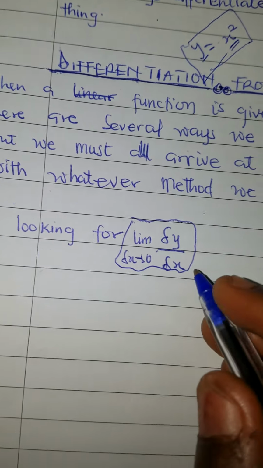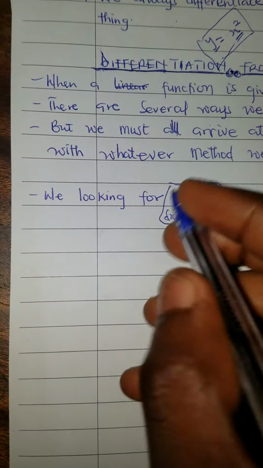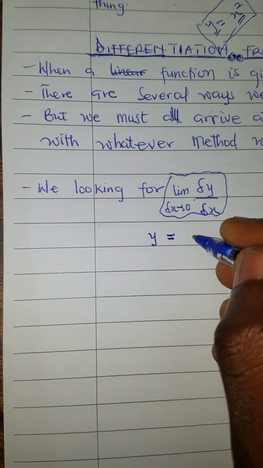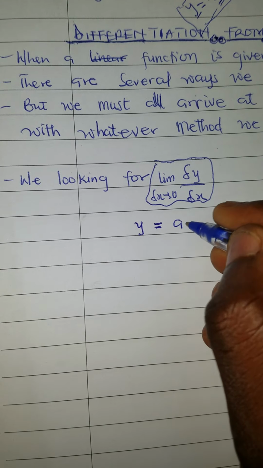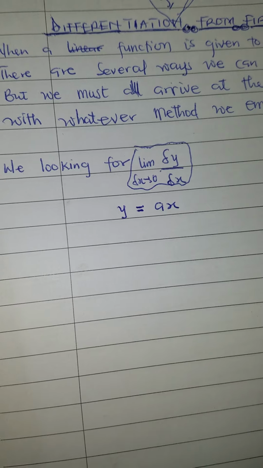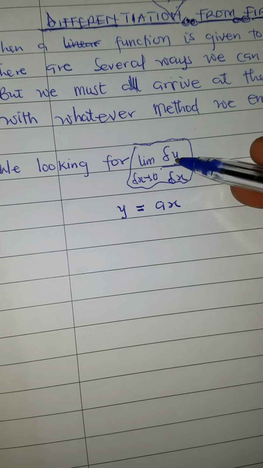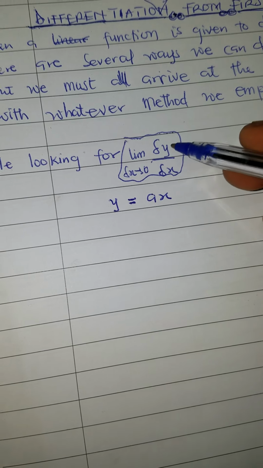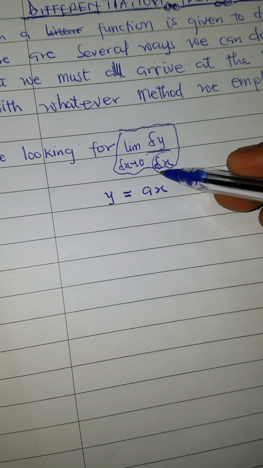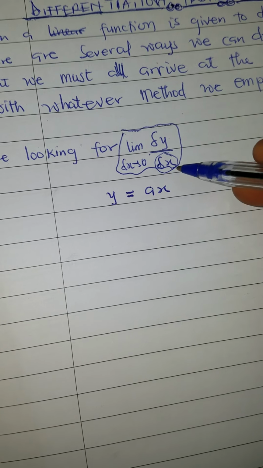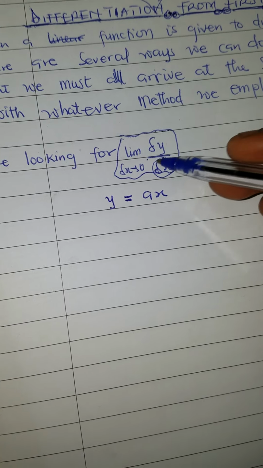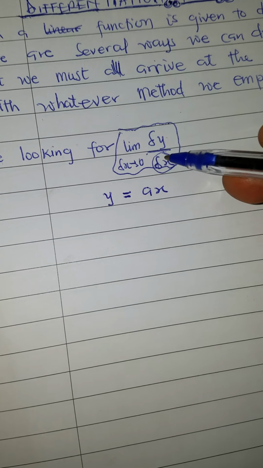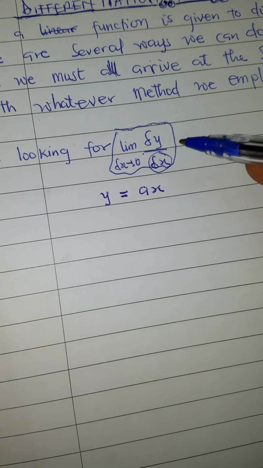For example, if you are given a function, let's say y equal to ax. Now dy means that we are differentiating y, or the function, with respect to x. Whatever you are differentiating with respect to should be the denominator. I stated at the first part of this lesson that we always differentiate with respect to something.